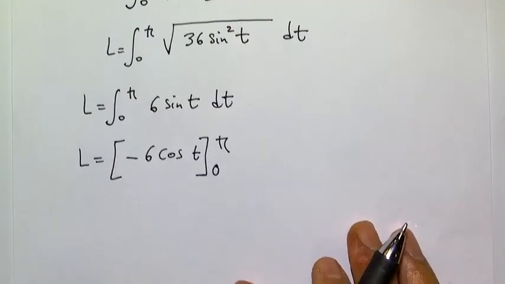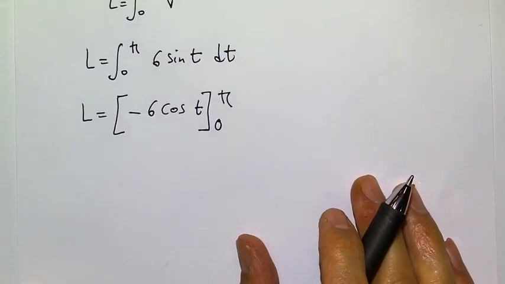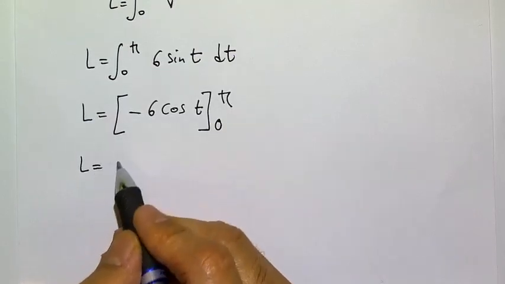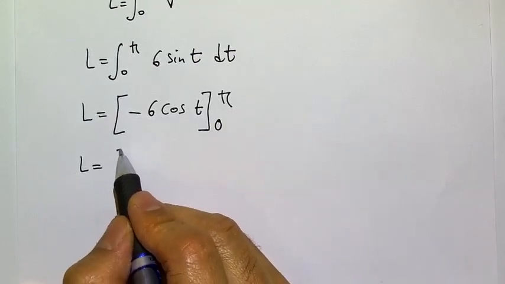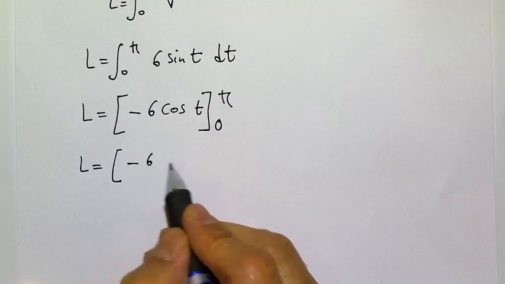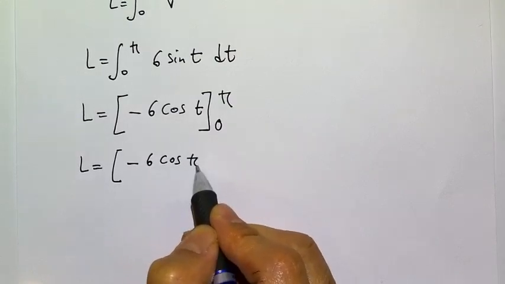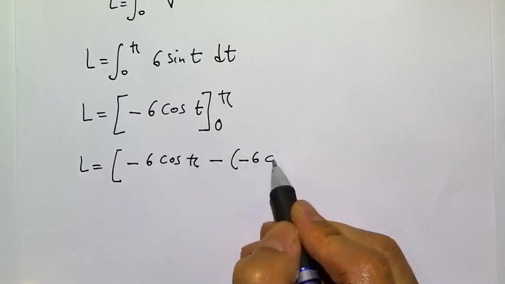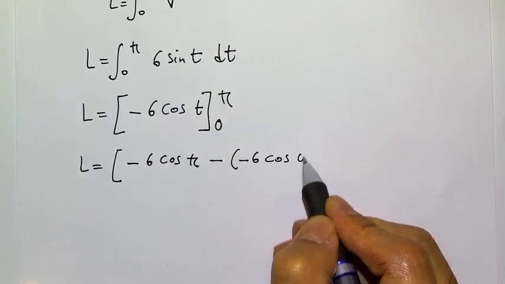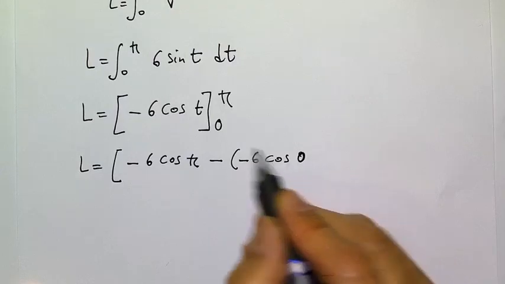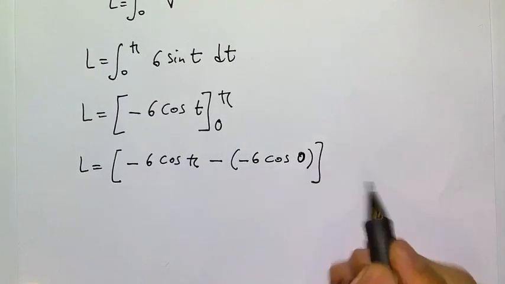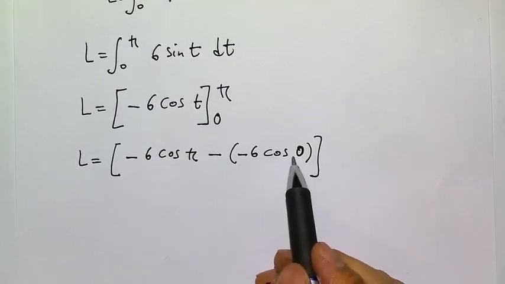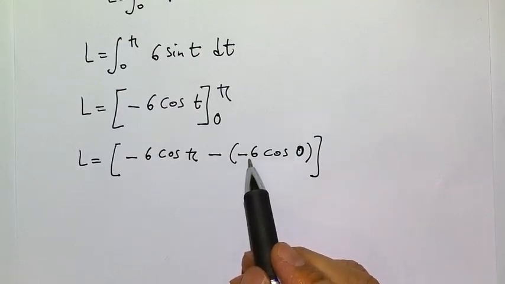Right? And then, okay, so let's substitute for t with pi and 0. We have, so minus 6 cosine of pi minus 6 cosine of 0. Okay, like that. So cosine of 0 is just 1. 1 times minus 6 is minus 6.